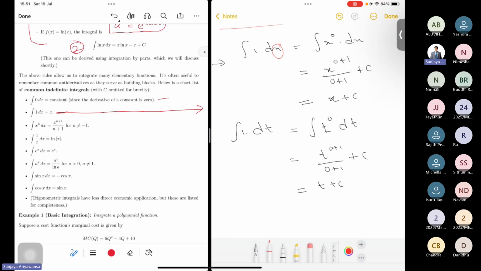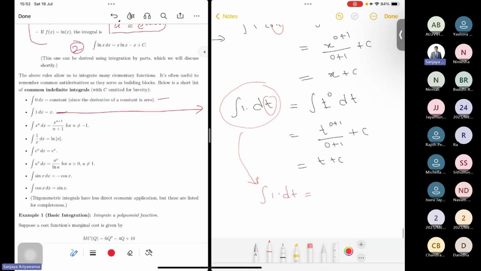What you need to understand is the concept, and don't make small mistakes where you don't look at what the variable is and simply do it in terms of x, right? If I give this problem, integrate 1 dt, you would simply do, oh, I know this, it's simply x plus c, right? Because you're so used to writing it in terms of x.